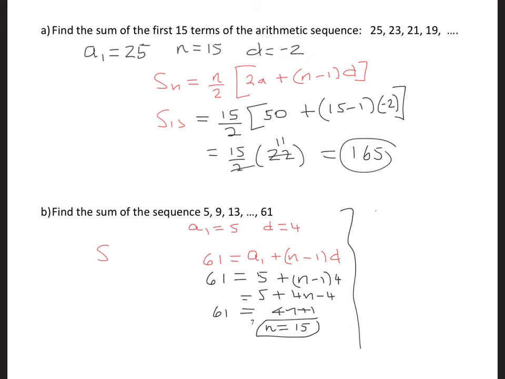So now I can use the formula for the sum: n over 2, the first term plus the last term.